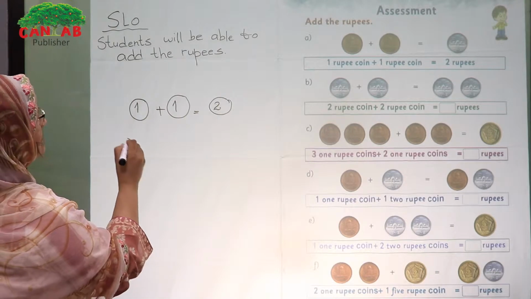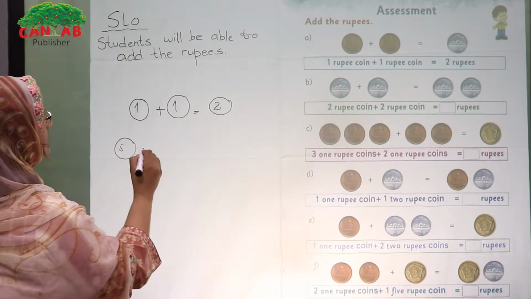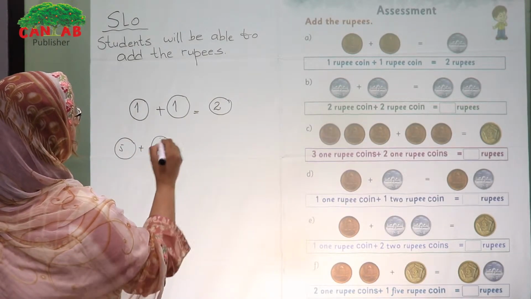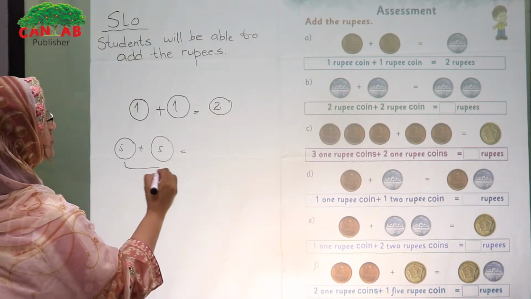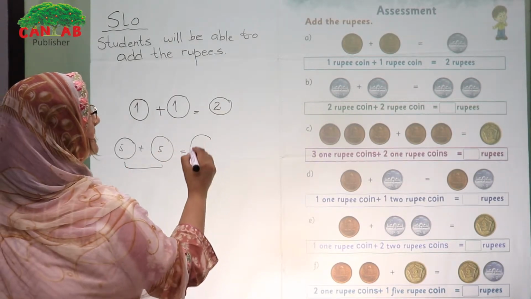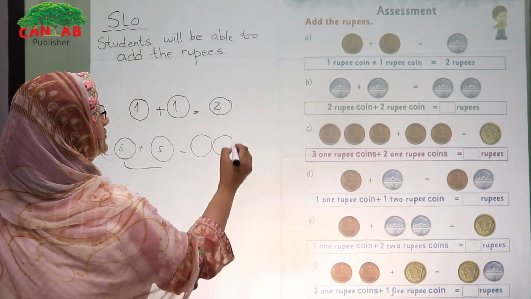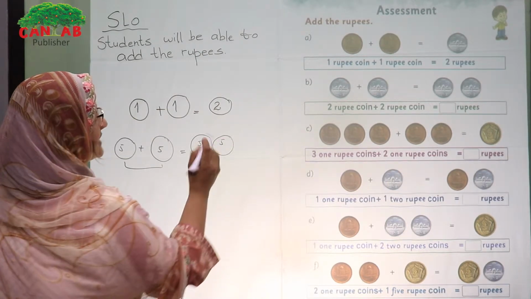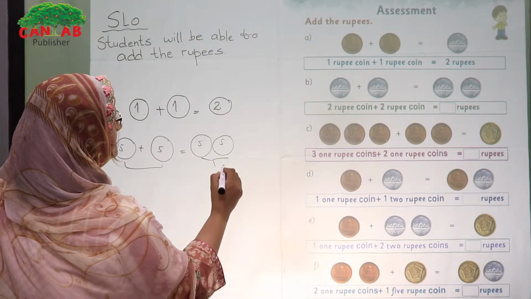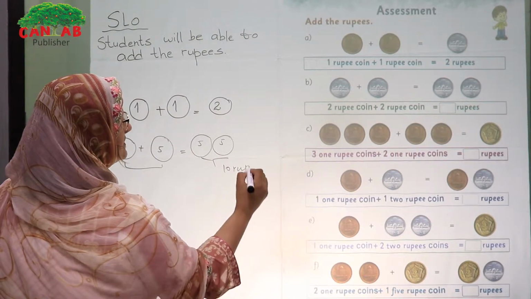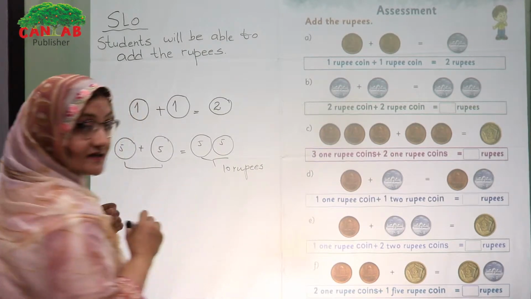Now if I am having a 5 rupee coin and another 5 rupee coin and I add both of these coins, what will I get? I will have two 5 rupee coins and both of these make 10 rupees for me. Is it clear?